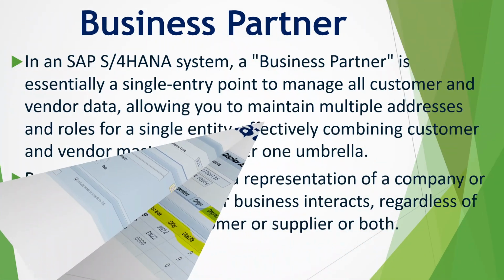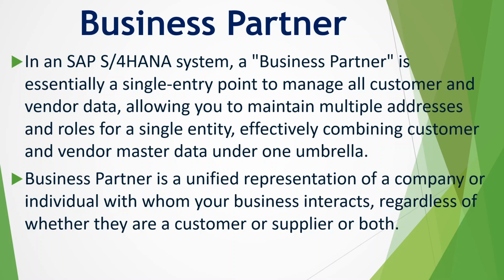Moving next, coming to the business partner. In the SAP S4HANA system, a business partner is essentially a single entry point to manage all customer and vendor data, allowing you to maintain multiple addresses and roles for a single entity, effectively combining customer and vendor master data under one umbrella.